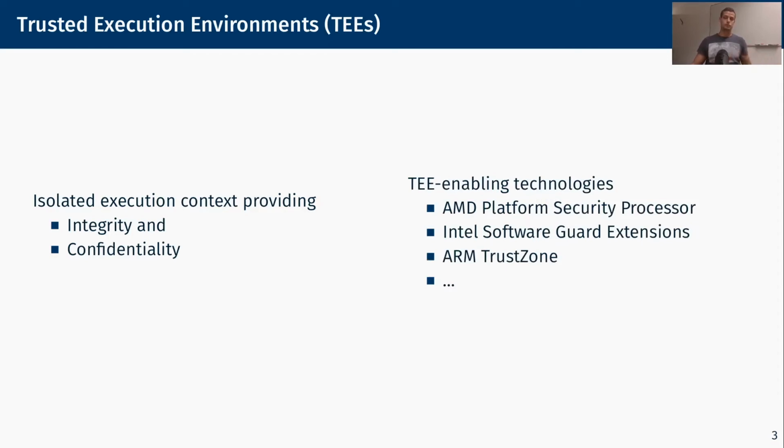You can build trusted execution environments using hardware extensions, and three options are listed here: the AMD Platform Security Processor, Intel Software Guard Extensions, and ARM TrustZone. Since we're dealing mostly with ARM chipsets on mobile phones, we're going to take a deeper look at ARM TrustZone here.